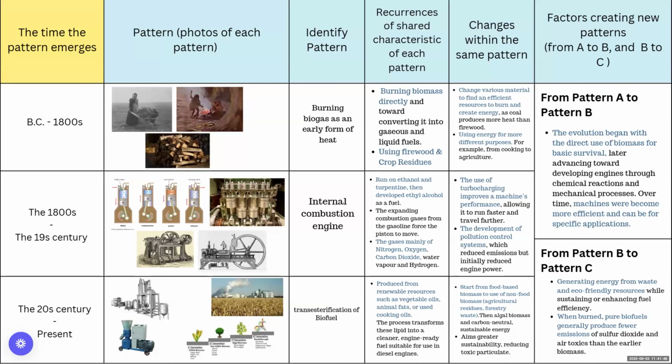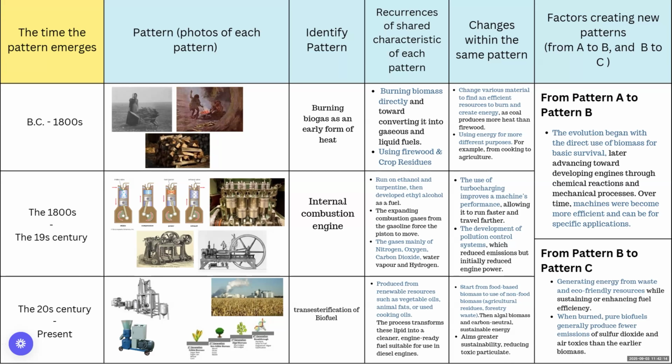In modern day, 2000 century to present, biomass is transformed into cleaner engine-ready fuels through a process called esterification. So this biofuel is produced from renewable resources such as vegetable oils, animal fats, or used cooking oils.